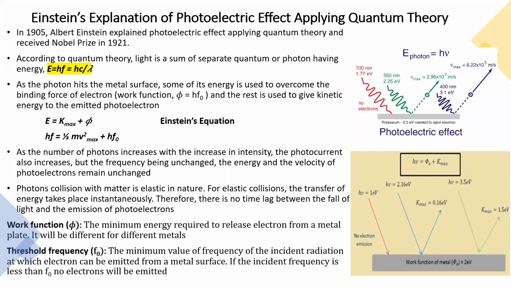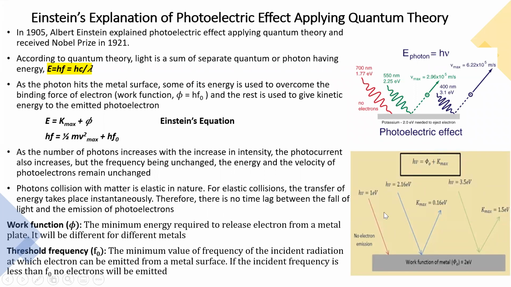Now suppose another light ray having a higher frequency, so a higher energy, suppose 2.16 electron volt, is incident on the metal surface. So 2 electron volt is the work function, and what is remaining? 0.16 electron volt. It will appear as the kinetic energy of the electron.